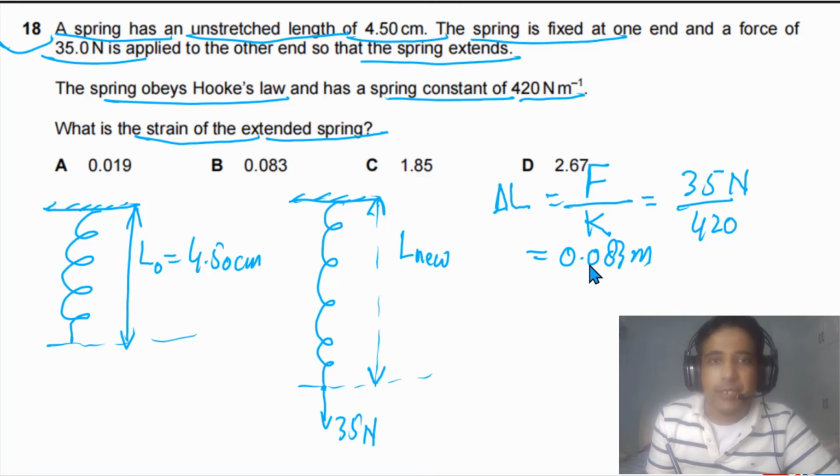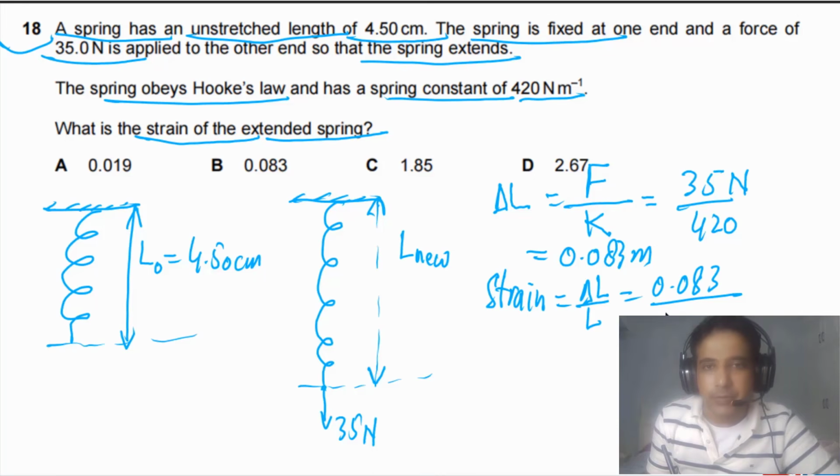Now we have delta L, we need to find out the strain, and strain is equal to delta L by L. Delta L is equal to 0.083 and L is equal to 4.50 centimeters, so it means this is equal to 0.050 meters.